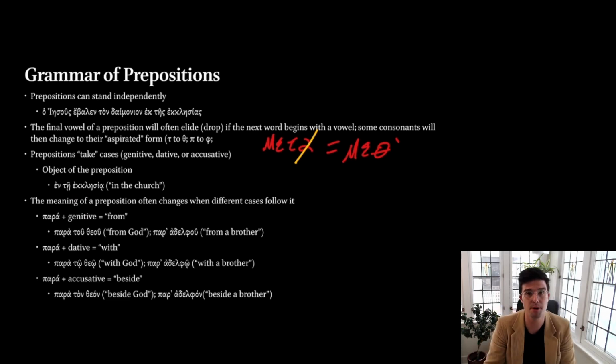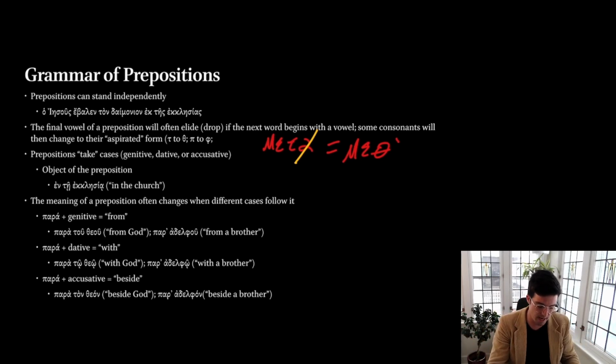And some prepositions will take multiple cases. There are a number of prepositions that will only take one case. There are a number of prepositions that take two different cases. And then there are some prepositions that take three different cases. The cases will always be the genitive, the dative, or the accusative. A preposition will not take a nominative or a vocative. But in those cases where a preposition takes multiple cases, the preposition can change its meaning based on the case that follows it.